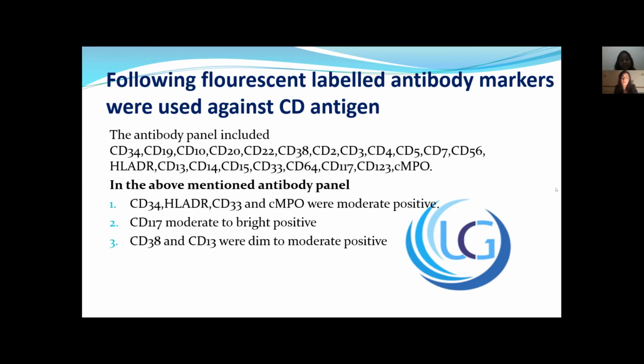In the above mentioned antibody panel, CD34, HLA-DR, CD33, and cytoplasmic myeloperoxidase were moderate positive, and all these CD markers express myeloid lineage cells. CD117 was moderate to bright positive, which is an AML marker. CD38 and CD13 were dim to moderate positive.